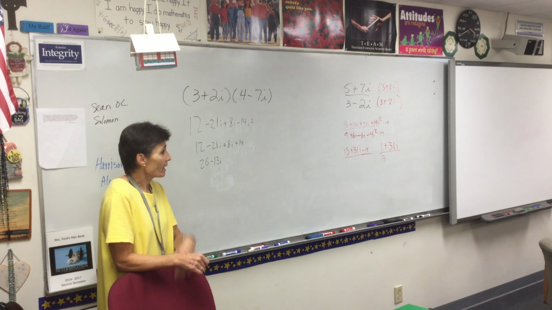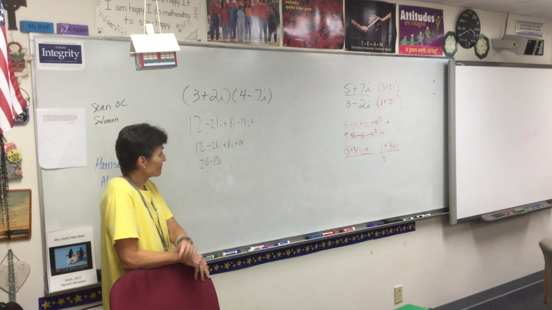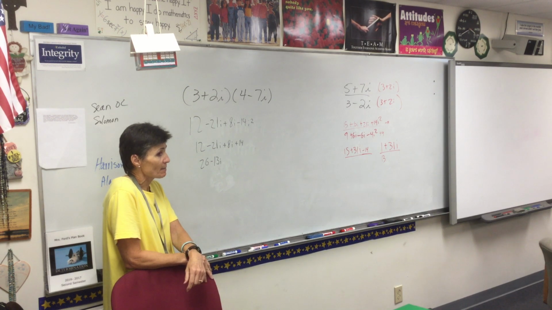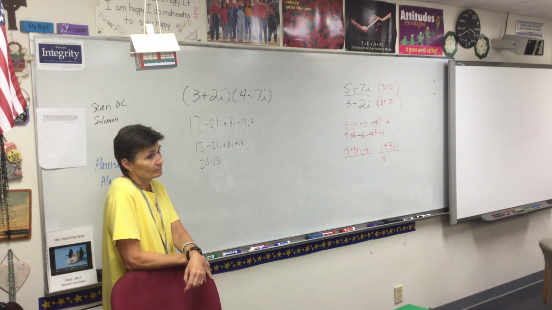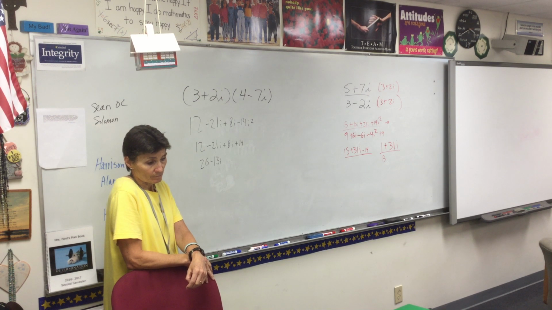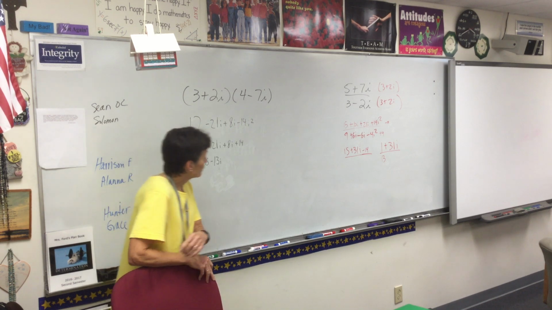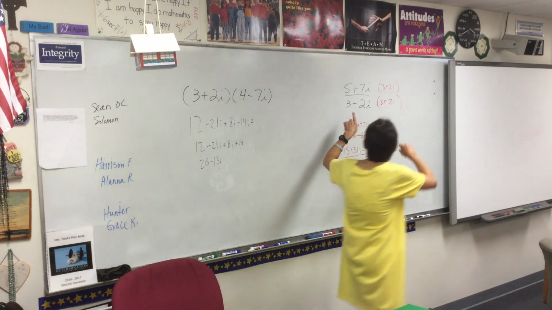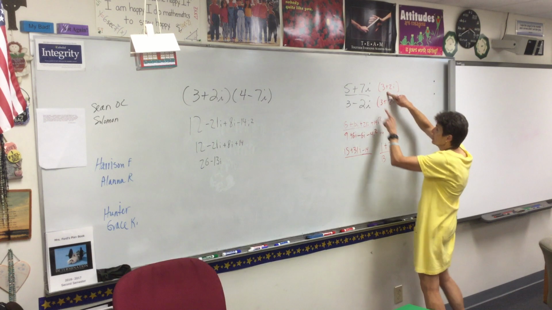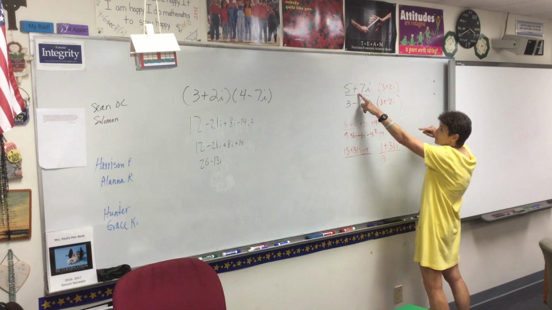So don't just blindly copy that down. Let's take a minute, let everybody finish, and make sure we're all getting the same answer. Good with that? Okay, this is what the original problem was, so make sure that you're using the original problem.